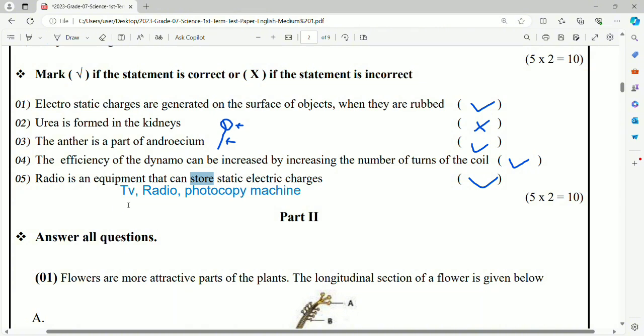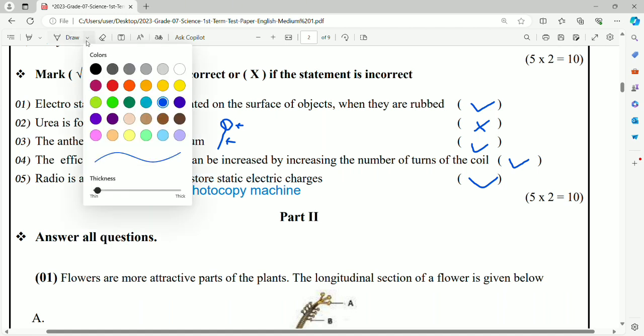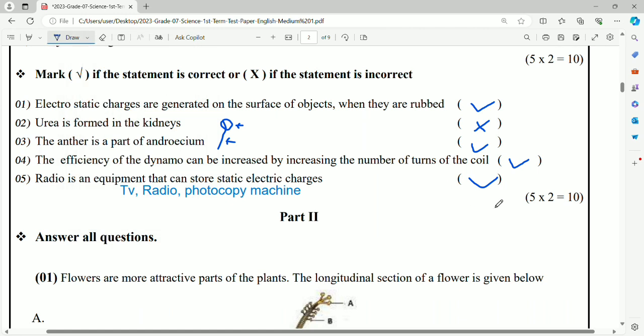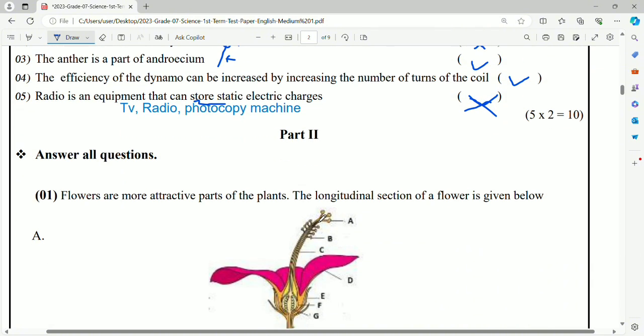Static electrical charges are used in the photocopy machine, radio, TV, but they do not store charges. So this is wrong, because electrical charges are stored by a capacitor. Only a capacitor can store static electrical charges.